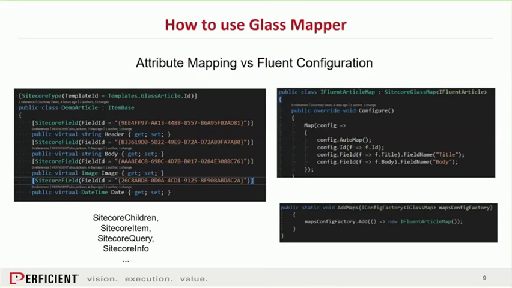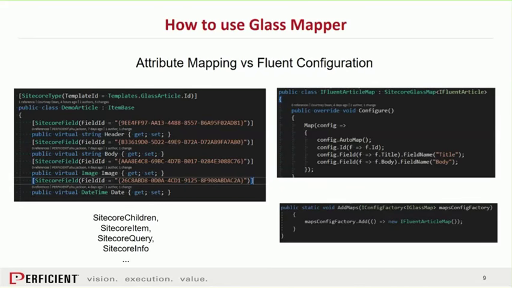GlassMapper can also map relationships using SitecoreChildren and also SitecoreItem to map a Sitecore item, as mentioned by Courtney in the previous slides. There is also SitecoreQuery to use a query for mapping, and also SitecoreInfo, which can provide you metadata such as item URL. You do have an option of AutoMap to use for mapping field names when the names are the same in your Sitecore and in your code.